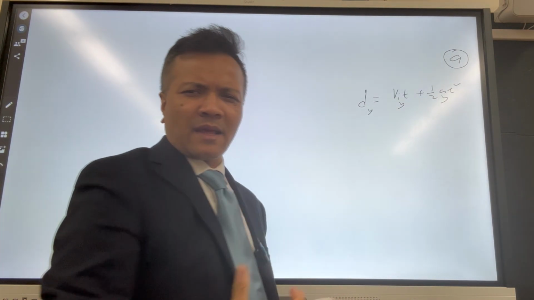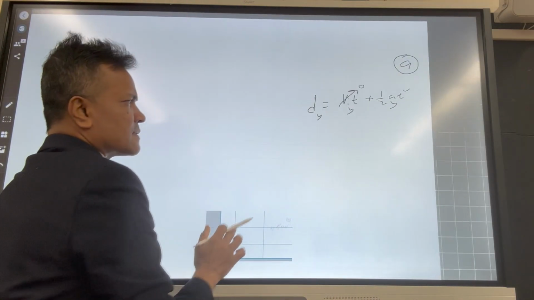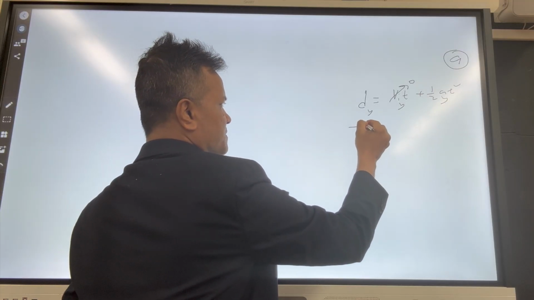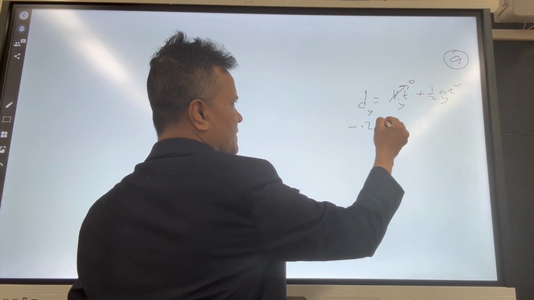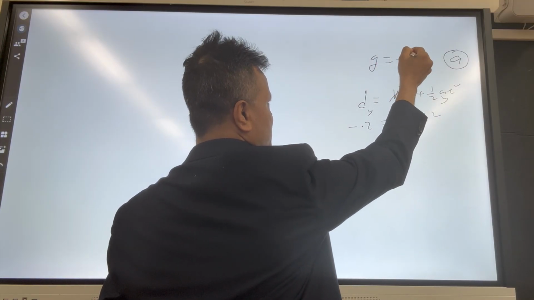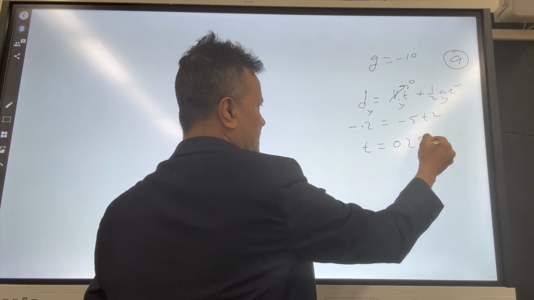When you drop something, your initial velocity is 0. So this is negative 0.2, and this is minus 5 t squared, because for acceleration due to gravity we are using negative 10. So t is equal to 0.2 second.